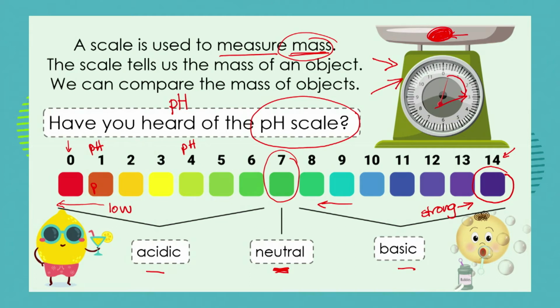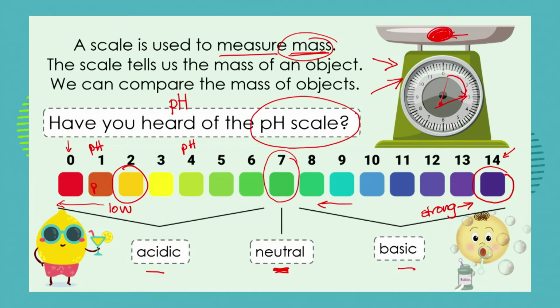So this pH scale helps us to work out the strength, or to be able to look at an acid and say, this is a very strong acid, so it's going to have a low pH. Or this is a very strong base, it's going to have a high pH. This is a basic substance, but it's not very basic.